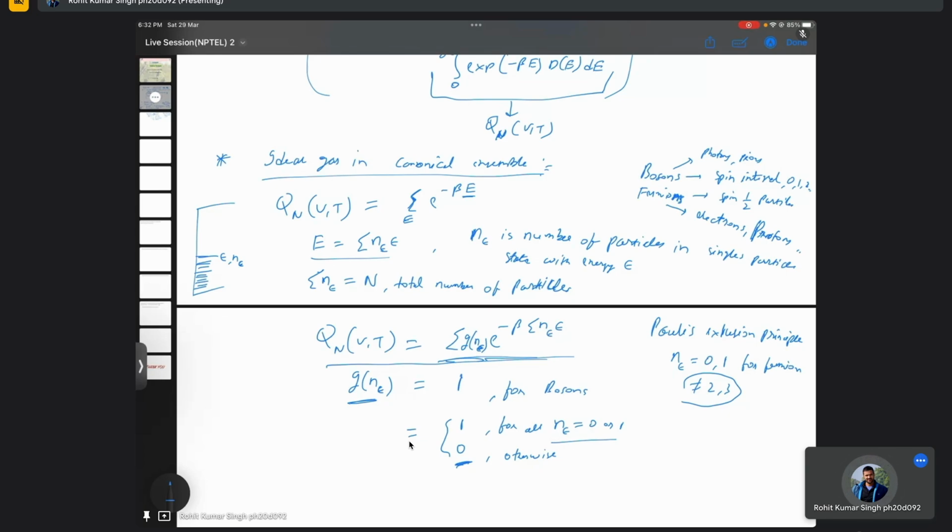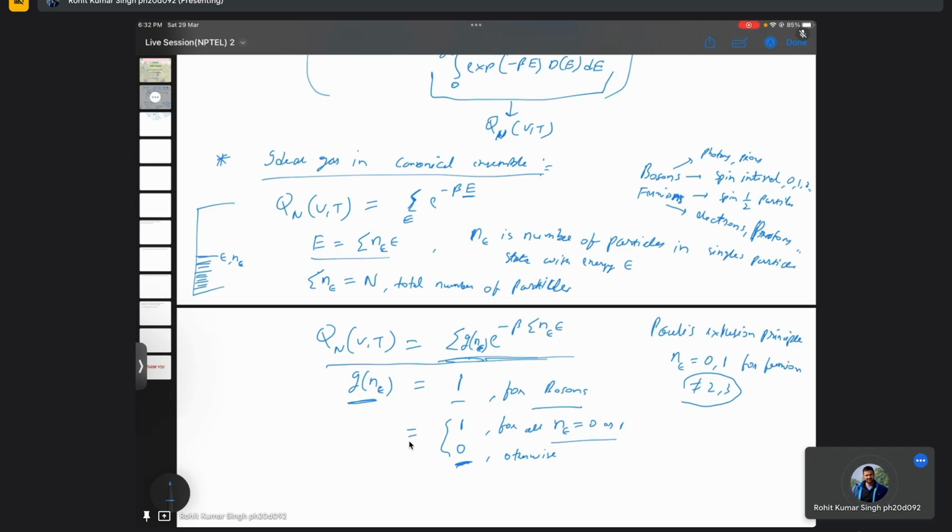That is why we have added a factor here. And for bosons it is always 1, since bosons are of integral spin, any number of bosons, 1, 2, 3, can be accommodated in a single energy state.